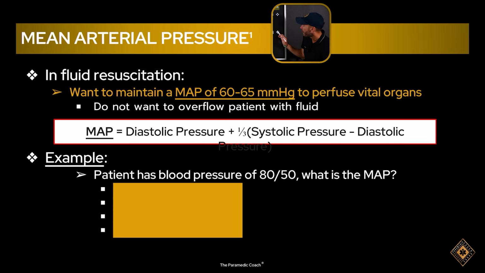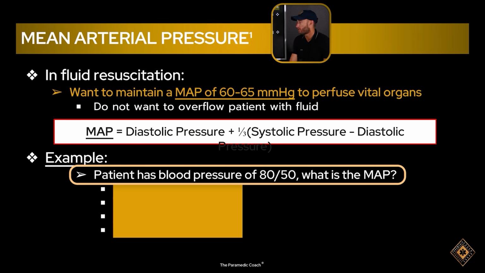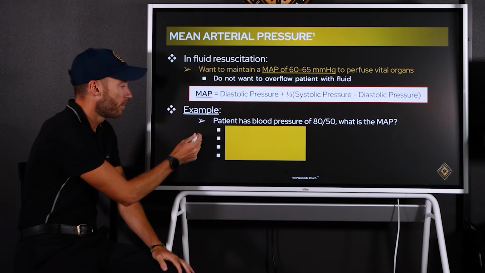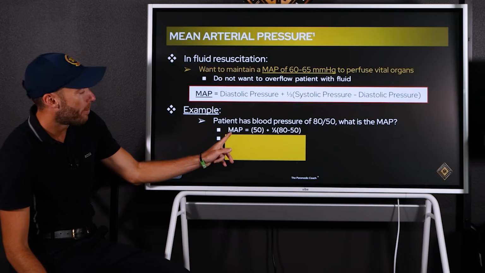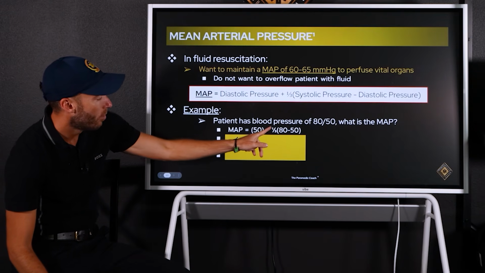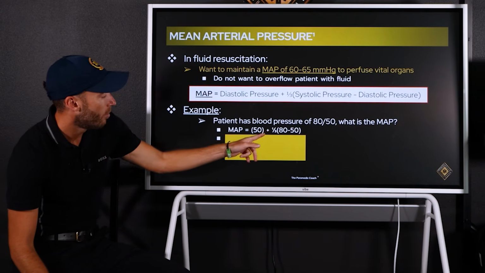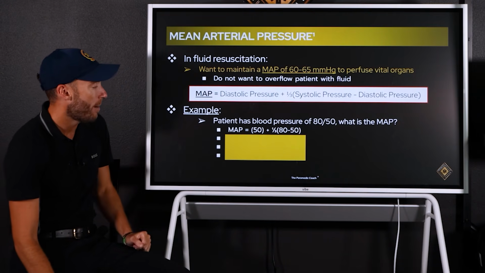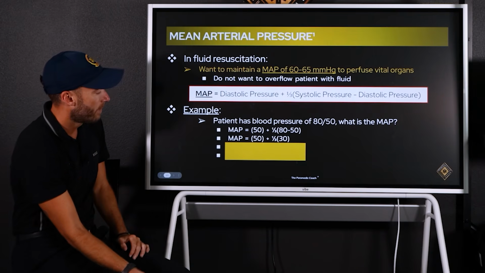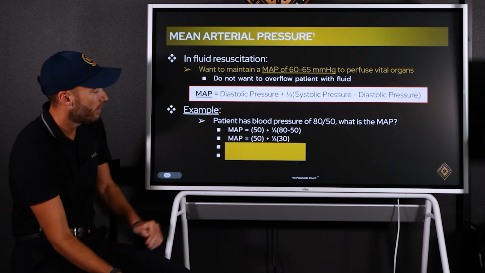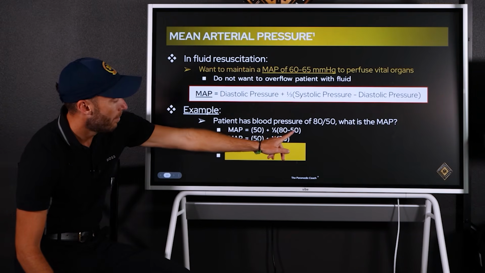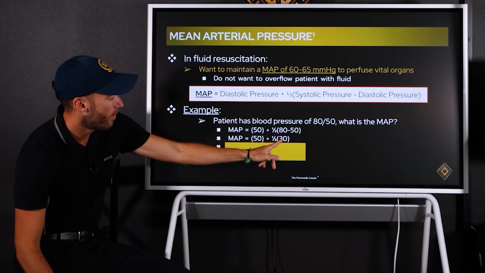Now, for example, if a patient has a blood pressure of 80 over 50, what is the MAP? Here we go. The MAP is going to be the diastolic, 50, plus one third of 80 minus 50. So 80 minus 50, we have 30.